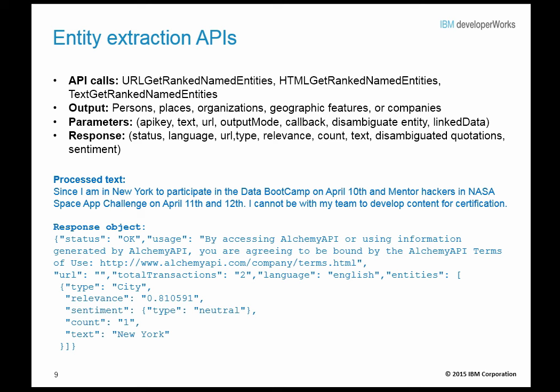Alchemy API employs a variety of public and non-public datasets. Hints vary depending on the specific type of entity being disambiguated. For example, when disambiguating people, Alchemy API utilizes information on a person's career, where they are located, who they work for, and so on.